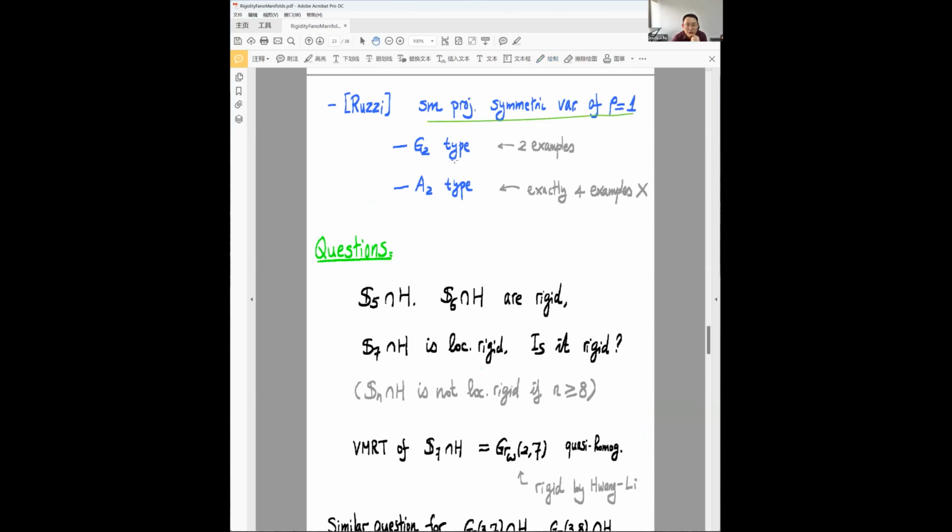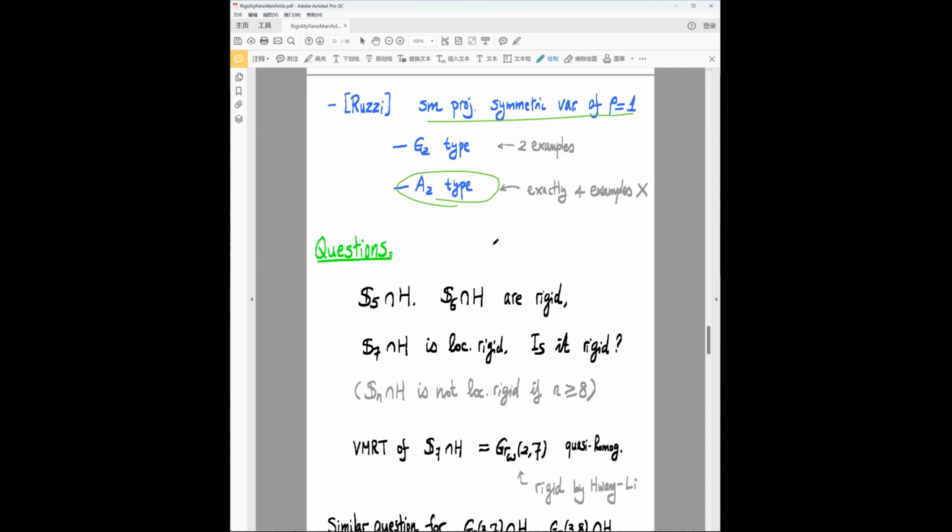One is G2 type, in which we have two examples, and then A2 type. A2 type is given exactly by these four varieties which we studied. So our theorem can be rephrased: for these four varieties, these are rigid. But for these two G2 examples, there's one case we can show is rigid, but the other one is still quite difficult.